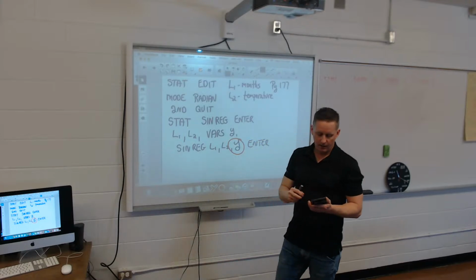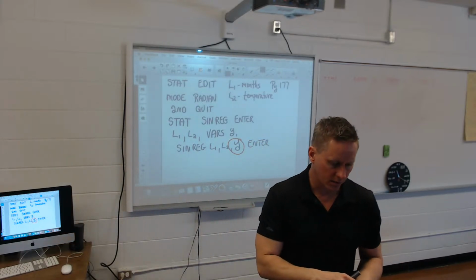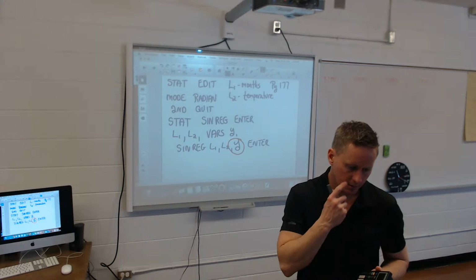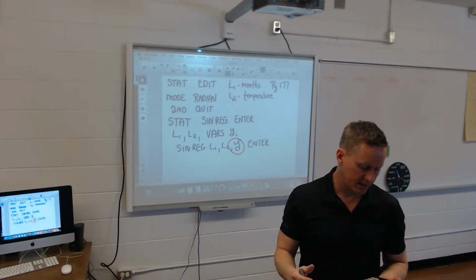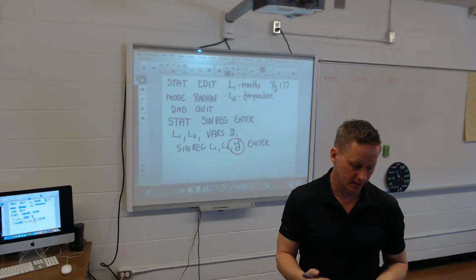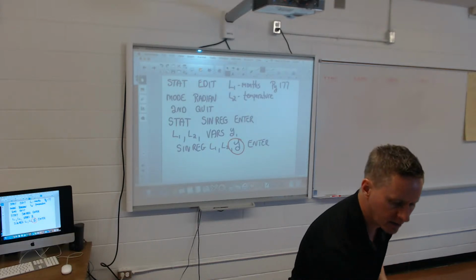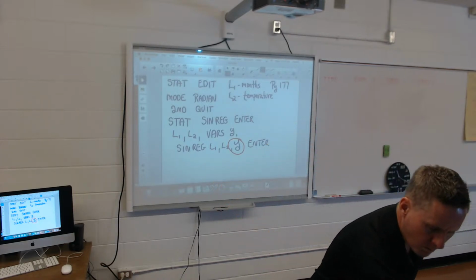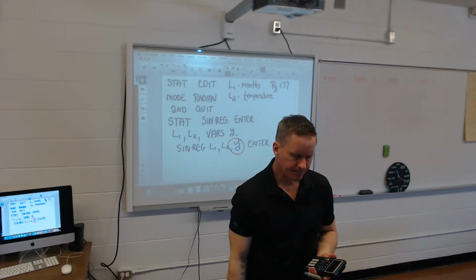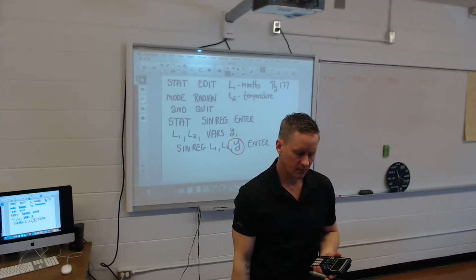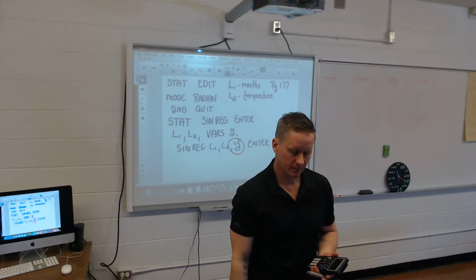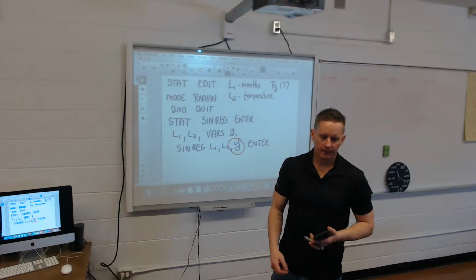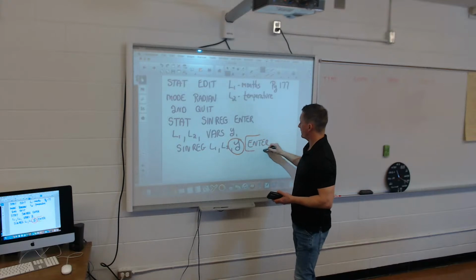Plug that in. Okay, and then when you go to y equals, the equation should come up on the screen in your y equals. So hit y equals right now, Rory, and tell me if your equation came up in your solver screen or in your graph screen. It may not if you didn't press enter after it as well.